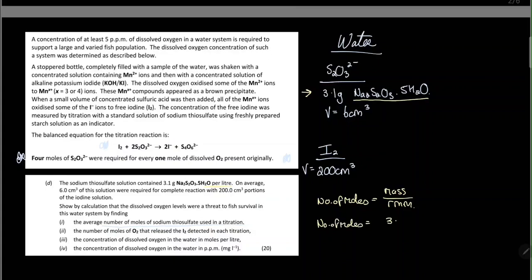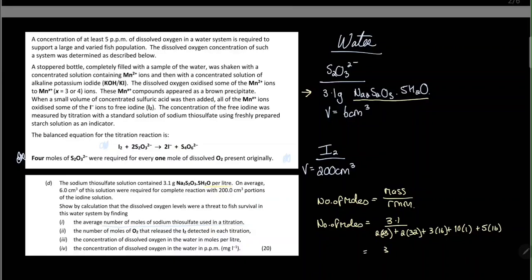The mass was used as 3.1 grams, and the relative molecular mass then I can work out by looking at my periodic table. So I have 2 sodium ions, 2 23s. I have 2 sulfurs, 2 32s. I have 3 oxygens. I have 10 hydrogens, that 5 times 2 is 10, and the hydrogen is 1 each, and I have 5 oxygens again.